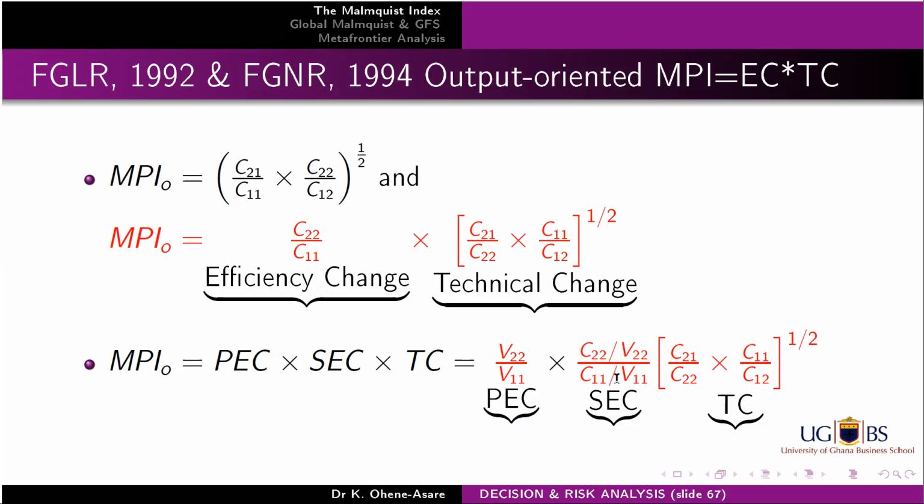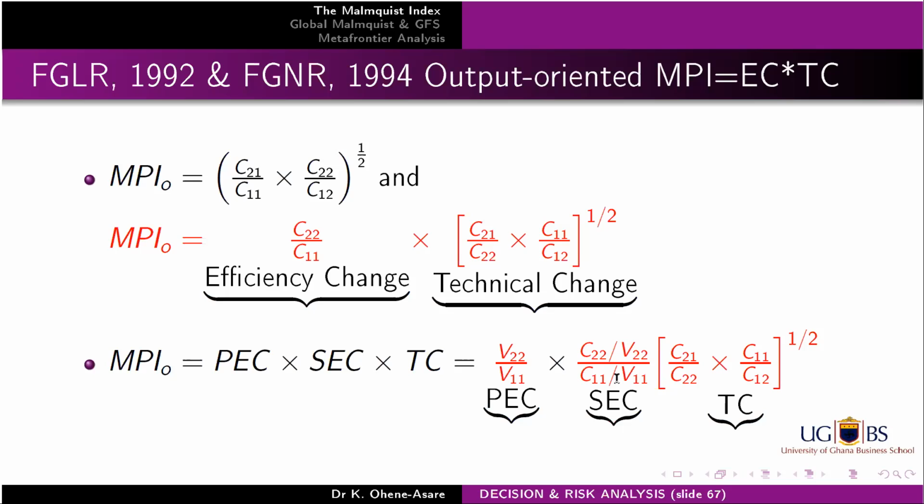Because the technology in the industry must be in the industry at one time. We cannot have VRS and CRS technology operating in an industry at the same time. Do you understand what I mean? It cannot be that the industry is exhibiting VRS and, at the same time, exhibiting CRS.